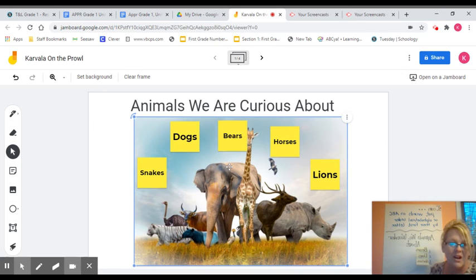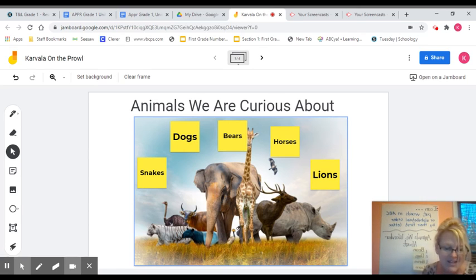So if you're going across your word wall or your alphabet strip in school, you would know that L comes before S. So lions is going to go next. Bears, dogs, horses, lions. So my last animal has to be snakes. That's the last one I have left. Snakes. S. So snakes is my last one.